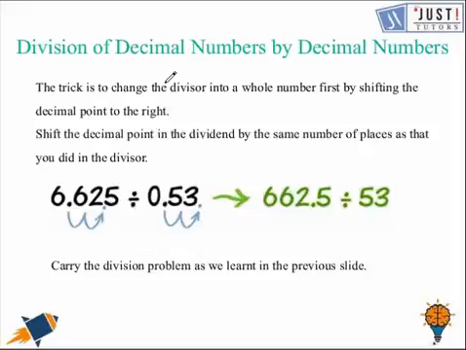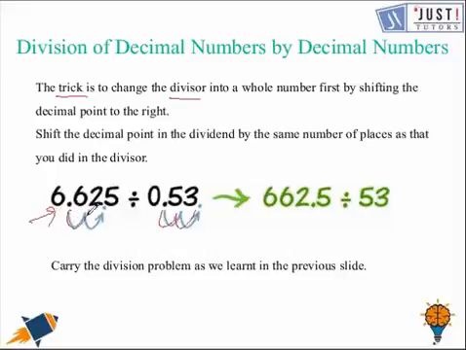Let's come to this one. We'll try to divide decimal numbers by decimal numbers. The trick is to make the divisor decimal free. So first of all, change the divisor into a whole number by shifting the decimal point to the right as much as you can. In this case, we've taken the decimal 2 places to the right. Now we need to do the exact same thing in the dividend as well.